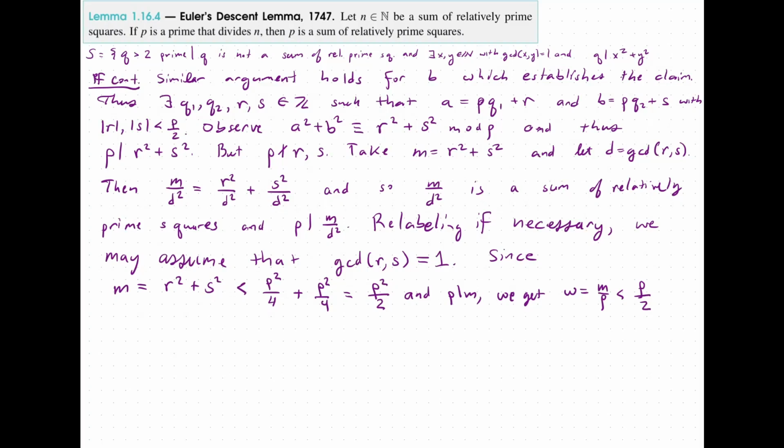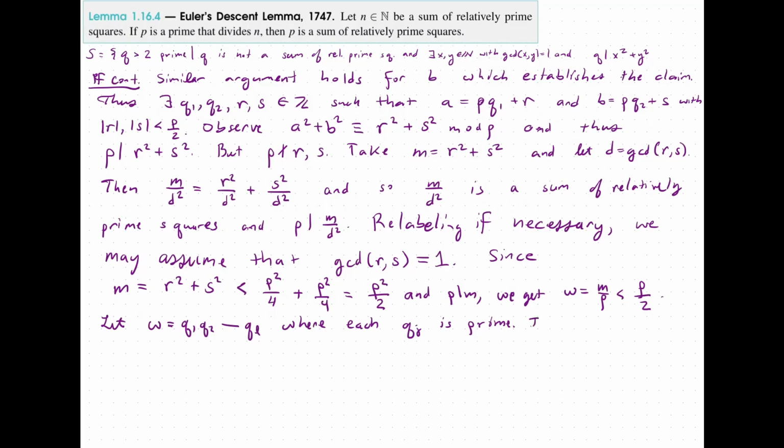And now we're going to consider the prime factorization of W. So let W equal Q1, Q2, all the way to QL, where each Qj is prime. The way we are writing it here is in terms of its prime factors, so we could definitely have repeats. But from the inequalities we have, we can deduce things about these Qj's.